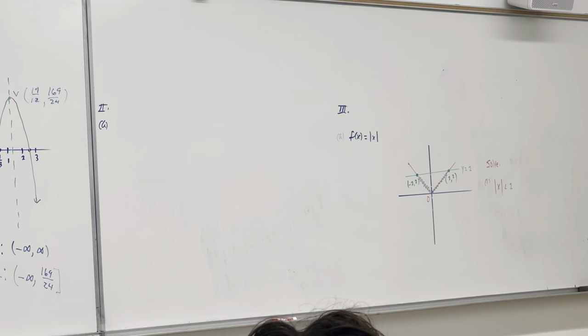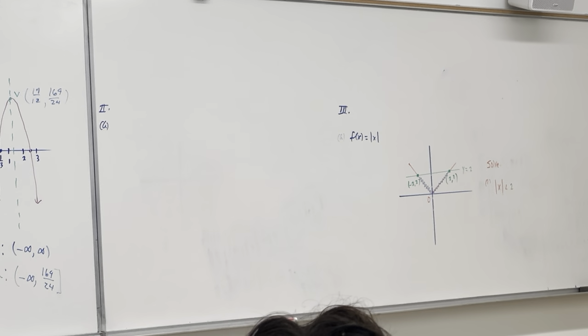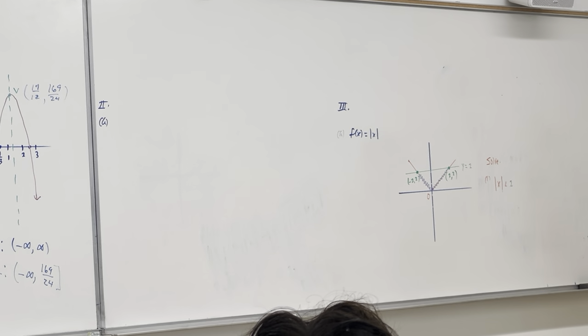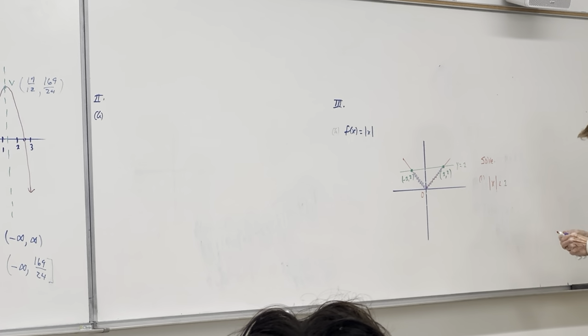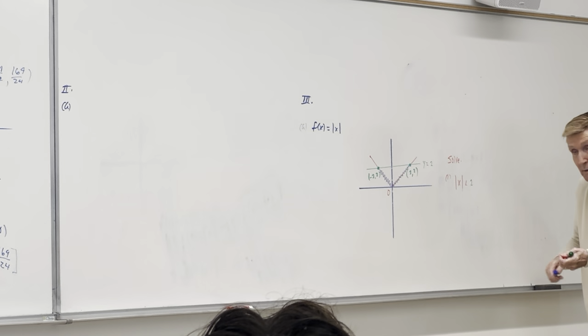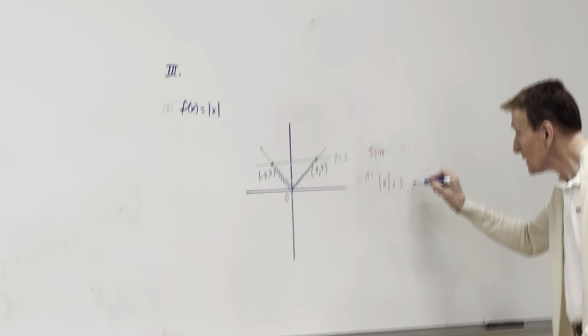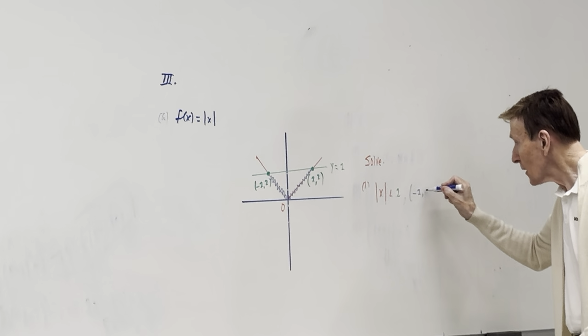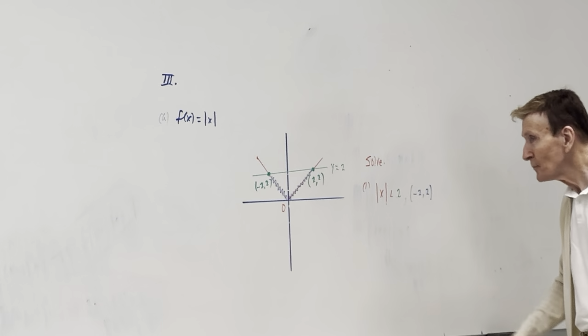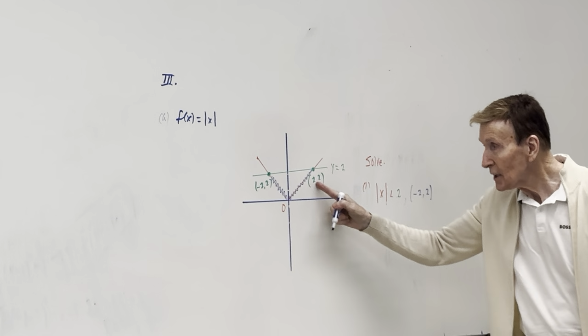Now, can you tell me from what to what is that happening? -2 to +2. Look at that. It's -2 over to 2, open. It goes from here to here for the x's.